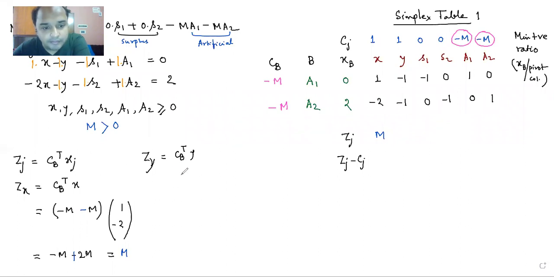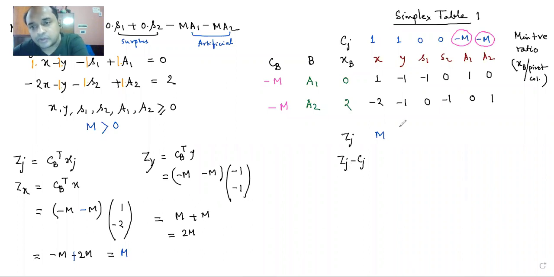So that would be minus M into -1, so that would be plus M, which is twice M. Next one is minus M into -1, so that is M, because minus M into 0 is 0. Fourth one is minus M into 0 plus this into this, so it is M. Next one is minus M into 1 plus this into 0, that is minus M. Next one is also minus M.